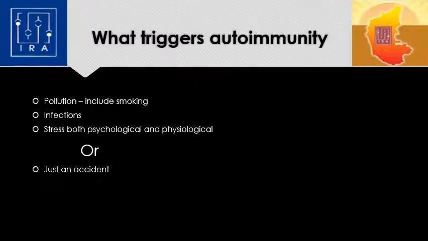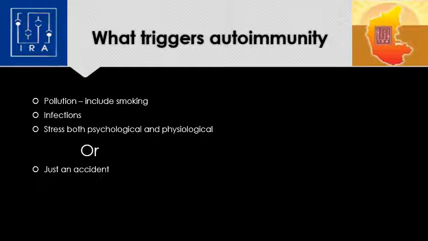So what can trigger autoimmunity? As I said, it could be pollution, including smoking, it could be infection, it could be stress, both psychological and physiological, or it could just be accidental. By chance, the immune system may figure out some of the self proteins. So there are a variety of things which can trigger autoimmunity.